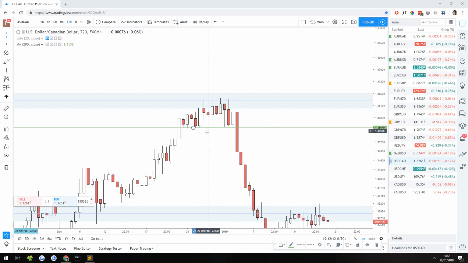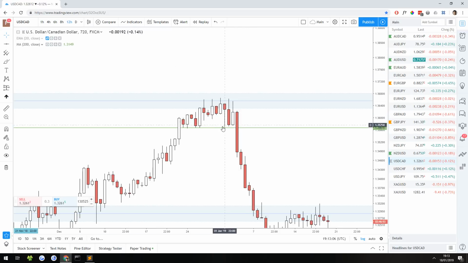Now, once that low is broken, what happens? This is a barrier, isn't it? That low there is a barrier. And once that barrier is broken, that confirms that sellers are in control of price. Therefore, our trade is viable and we can get in.